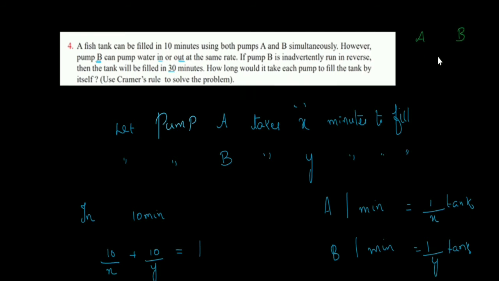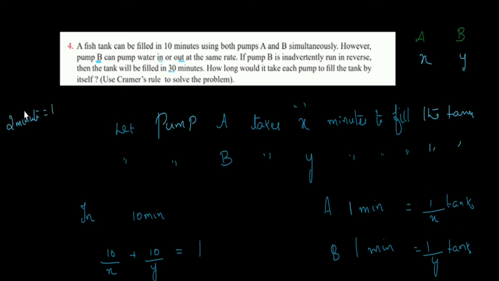So there are two pumps A and B. Pump A takes X minutes to fill the full tank. So in 1 minute it will fill 1 by X of the tank.